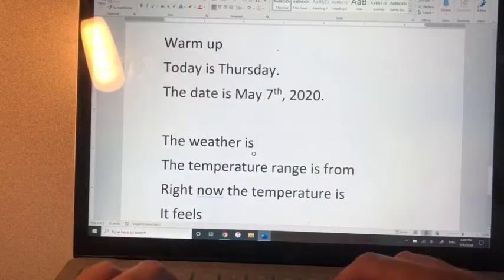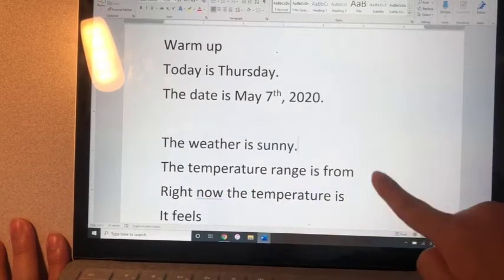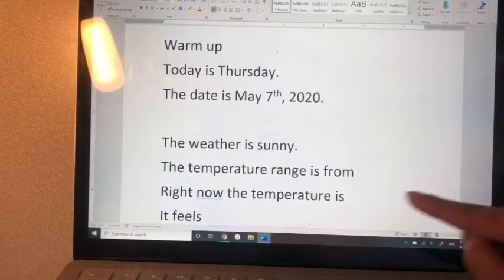So today, the weather is sunny. The temperature range is from... So with the temperature, we always say the low number first.